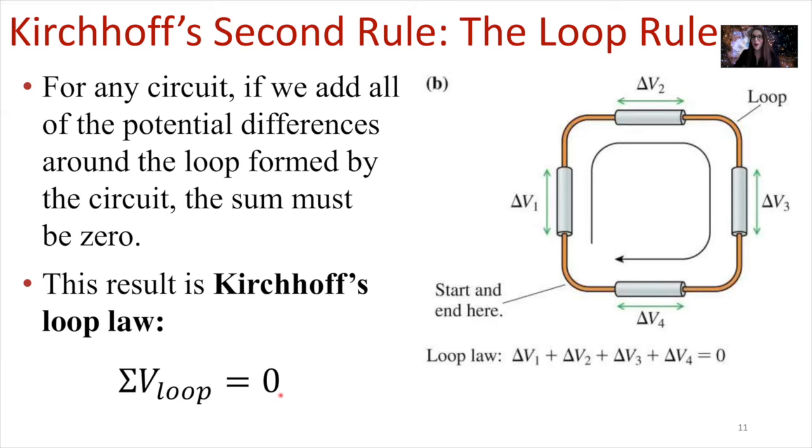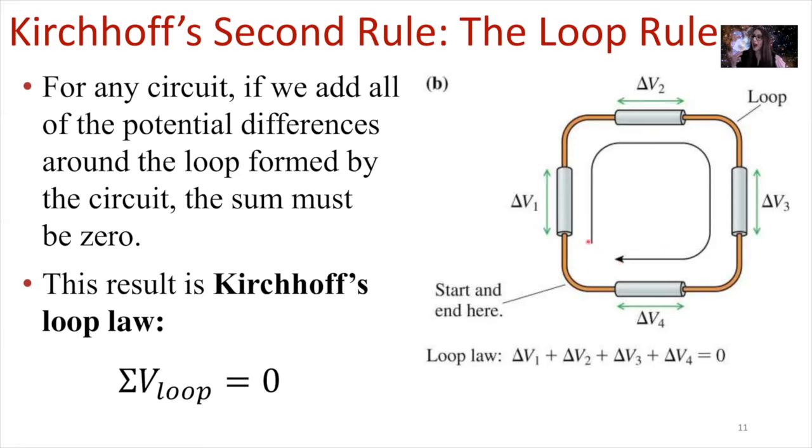Okay, so how do we apply that? Here we have a loop inside a larger circuit. You can choose whichever direction you want that loop to go around inside your circuit. Here, they've started the loop right here, and then we're going around clockwise around the loop.